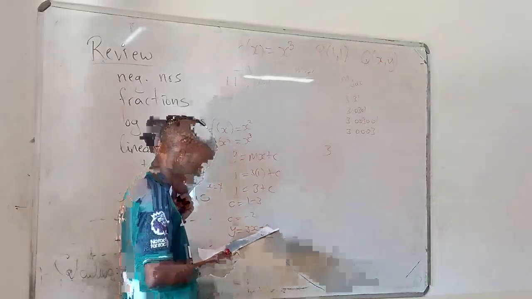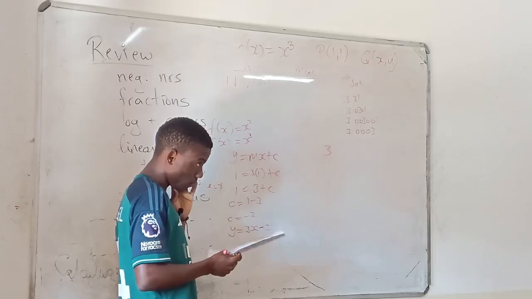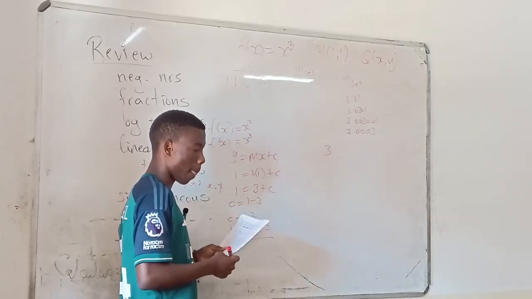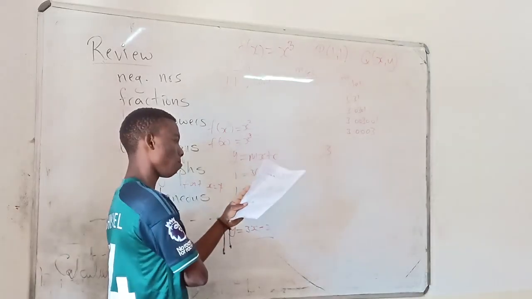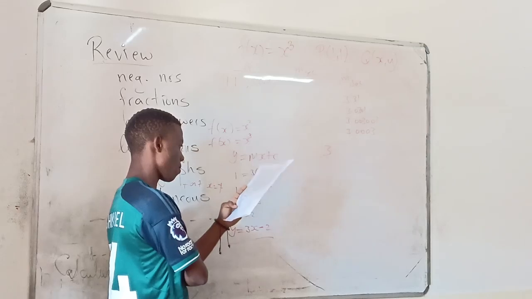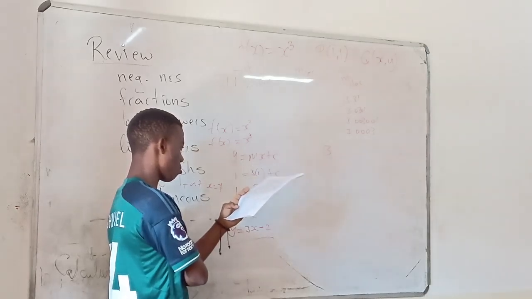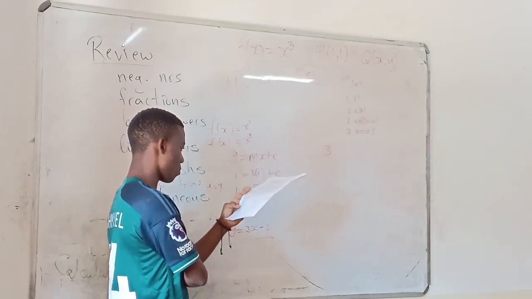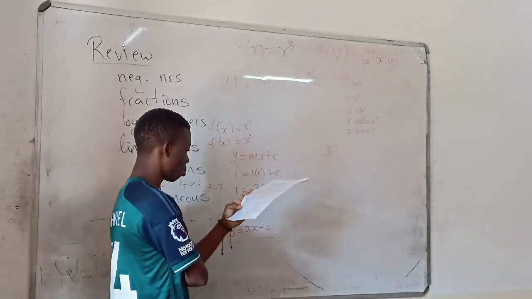It says, for the following exercises, the points P and Q are on the graph of the function f of x equals x cubed.